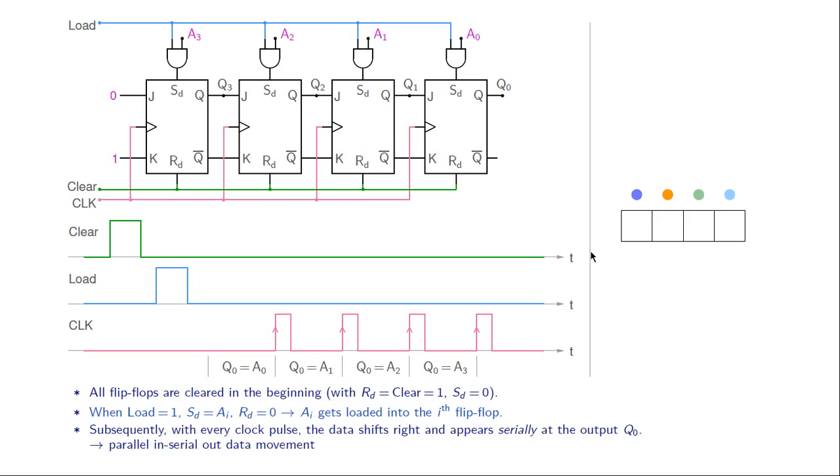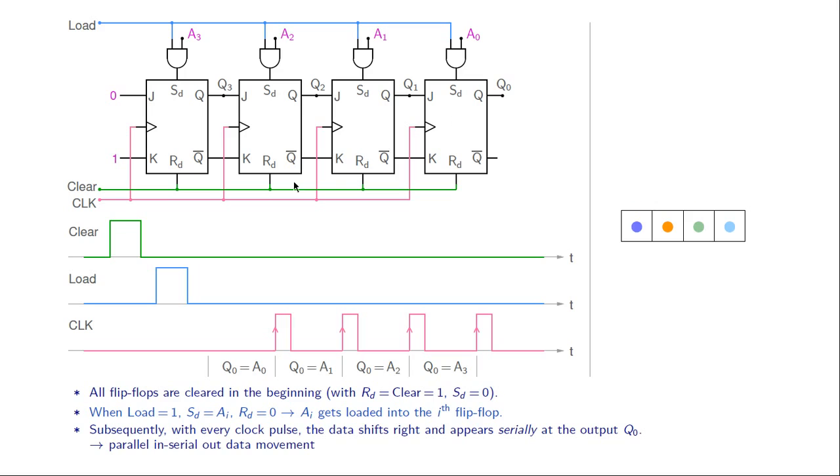Let us now look at this schematic picture showing this parallel in serial out data movement. What is parallel in? This is our data A3, A2, A1, A0, and that is getting loaded parallelly into these flip-flops like that.